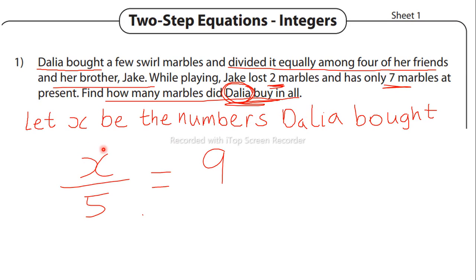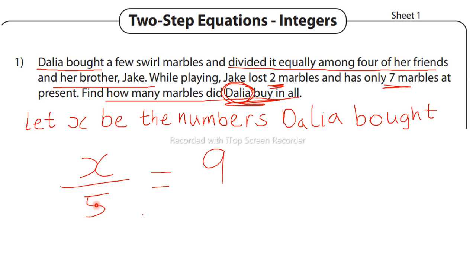But she has so many marbles that she's able to divide or share these marbles among her 4 friends and her brother Jake. So that's ultimately 5 people. So she is going to divide. That's what this sign represents. The fraction means divide. So she's going to divide the amount of marbles she has by 5.